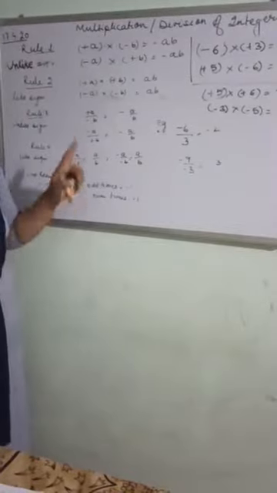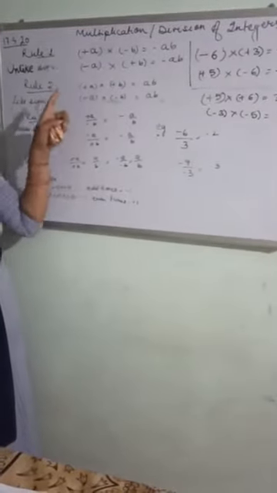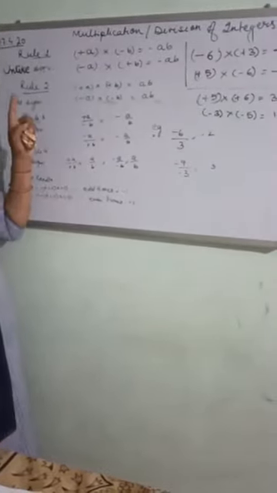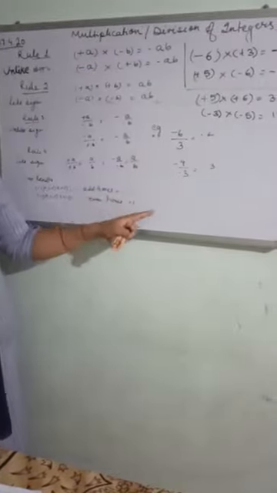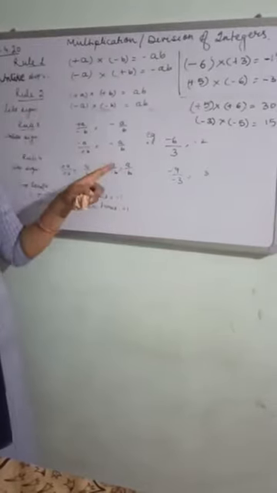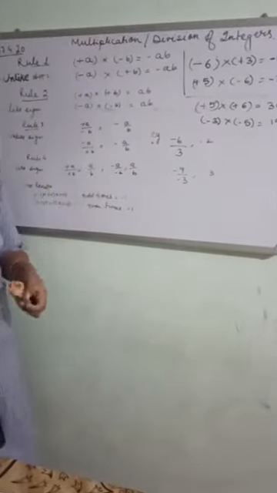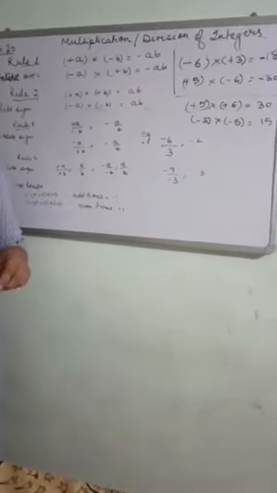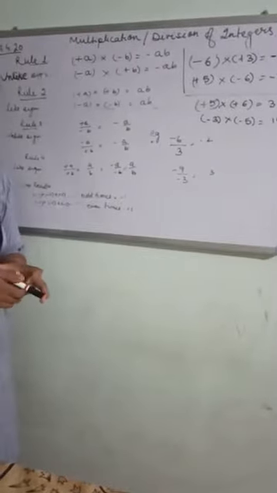Right students? So I think all of you must have thorough knowledge of all the 4 rules, and practice as much as you can to have in-depth practice for these 4 topics. Right?